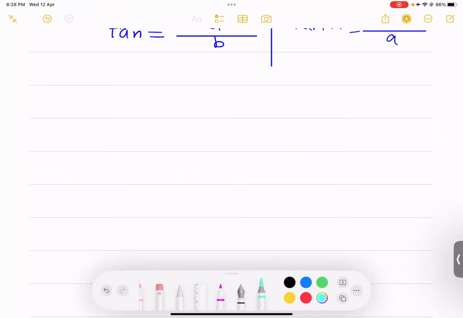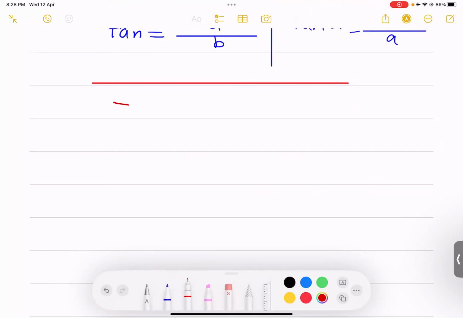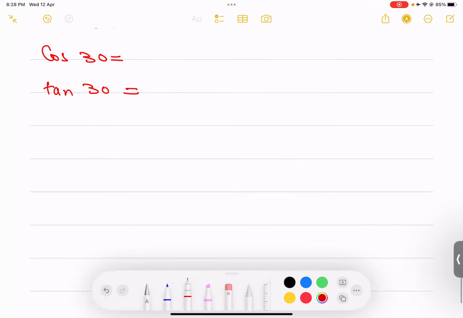So right now, let me go to something else. I really care about the 30 degree. I want to know how I could get the sine of 30, cosine of 30, tan of 30. But before doing it, let me tell you something really interesting.